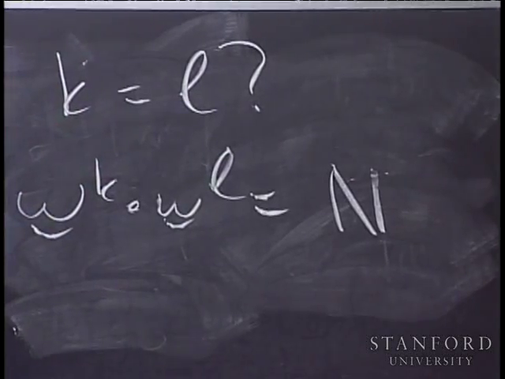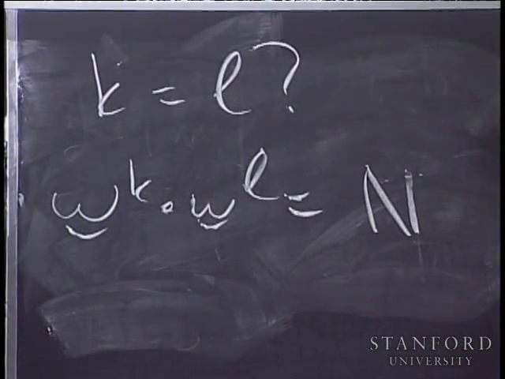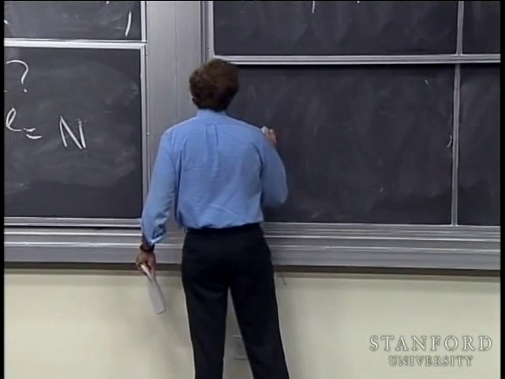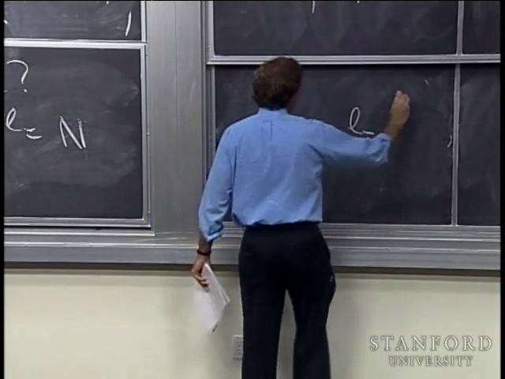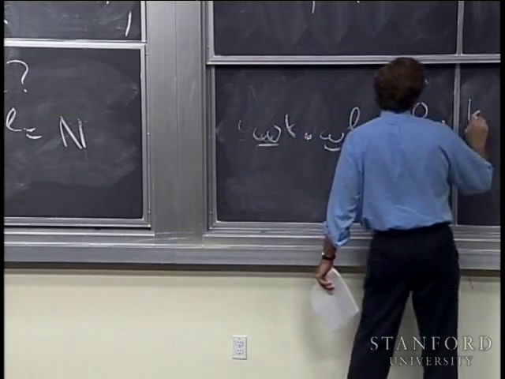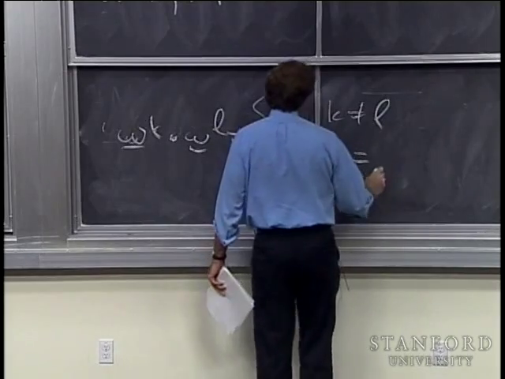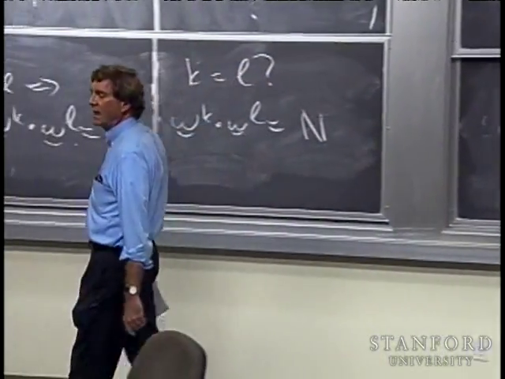To summarize, omega to the k dot omega to the L is equal to 0 if k is different from L, and is equal to n if k is equal to L. In the notes, this is done a little bit more generally because I allow for periodicity.